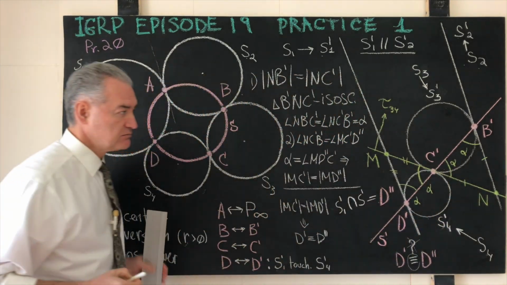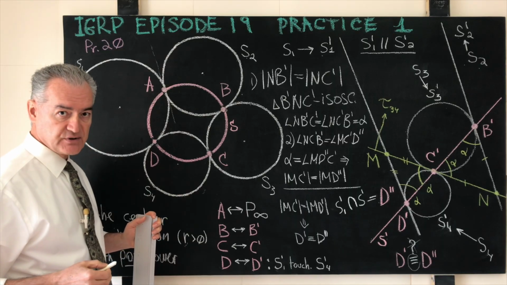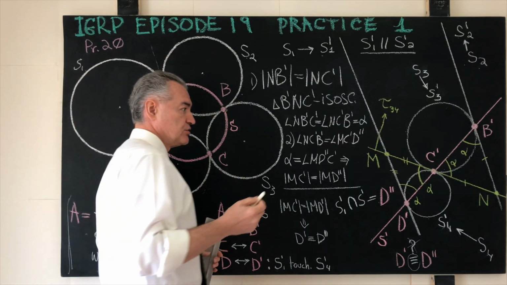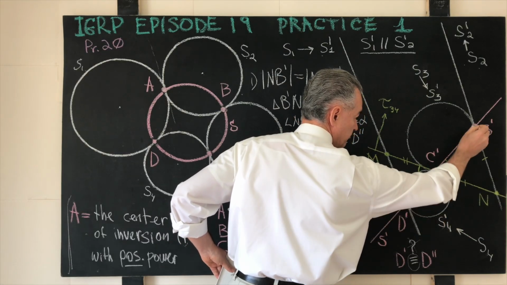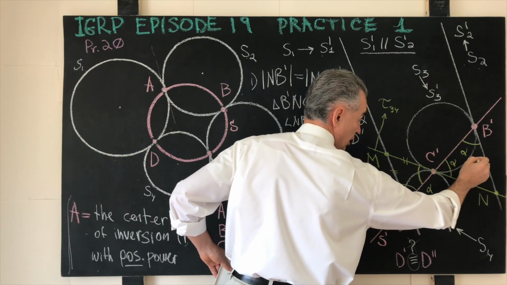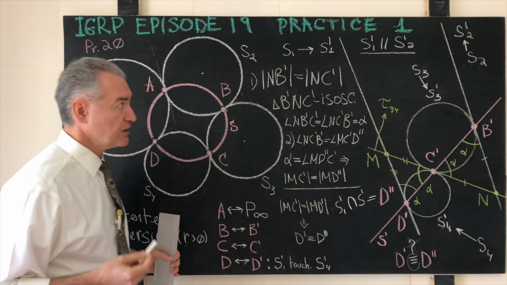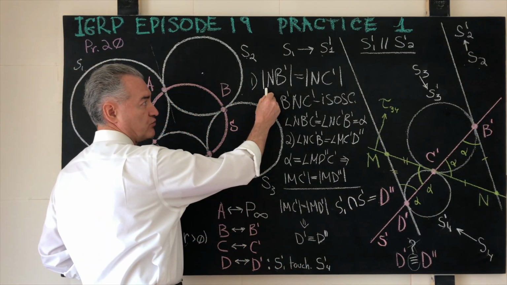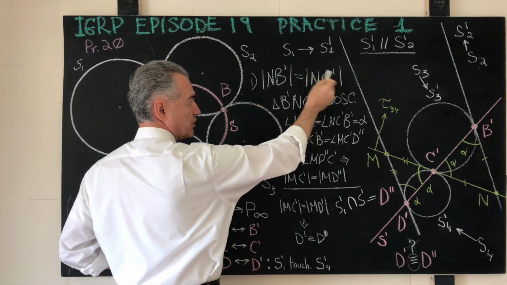I will not be dwelling on this fact. This is already a trivial middle school unit of knowledge. The triangle NC prime B prime is isosceles because the length of the tangents drawn to a circle through a given point that is located outside that circle is one and the same. This is captured over here. The distance NB prime and NC prime is one and the same.